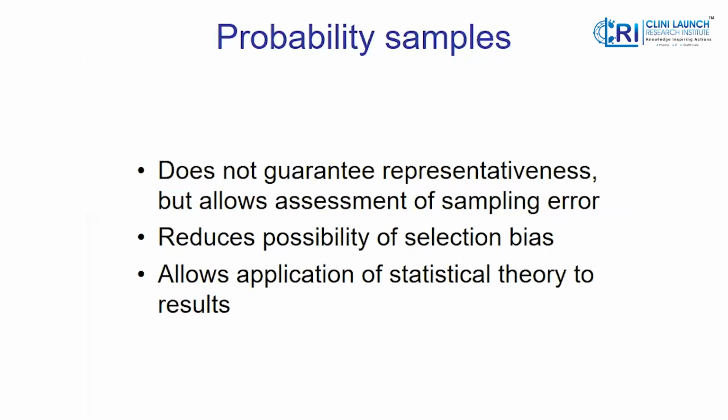You will always select that person for the control rather than the intervention group. So to reduce that selection bias, we go for probability sampling. This is the main reason to go for it.